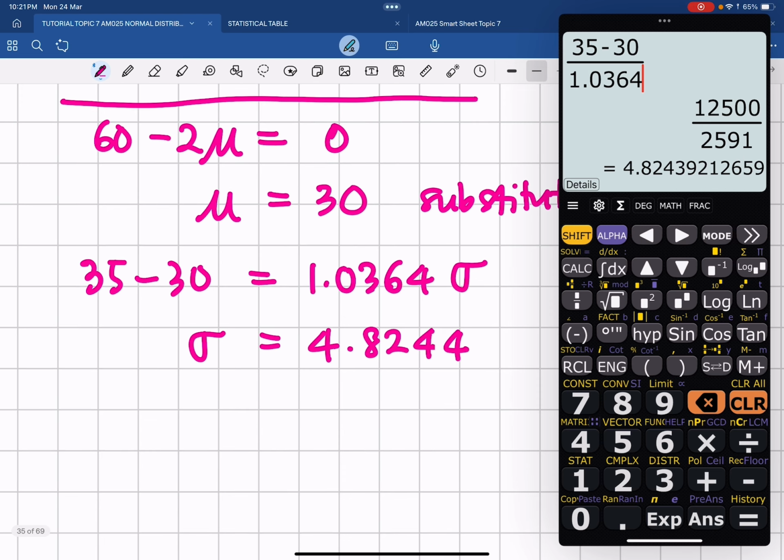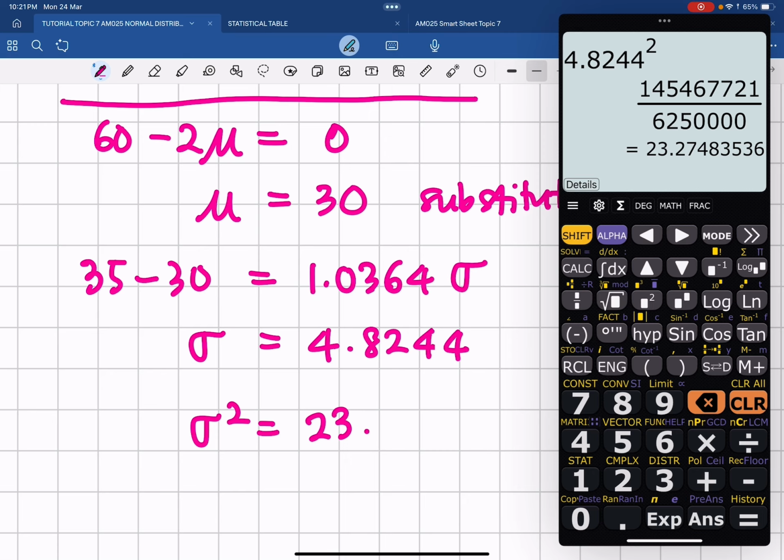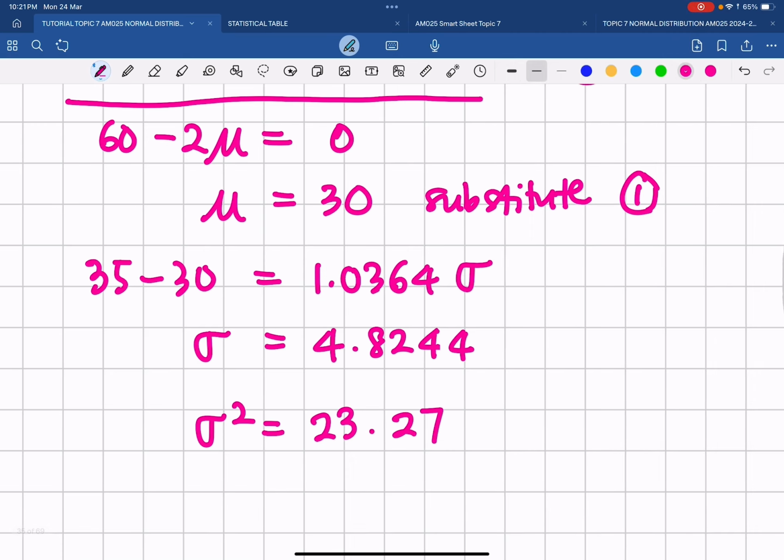If I look for the variance, then 4.8244 squared gives 23.27. So our mean is 30 and our variance is 23.27.